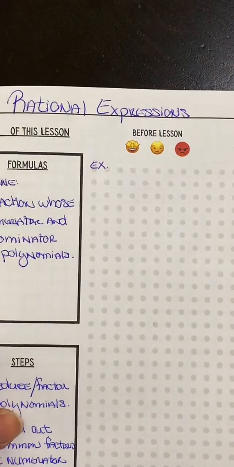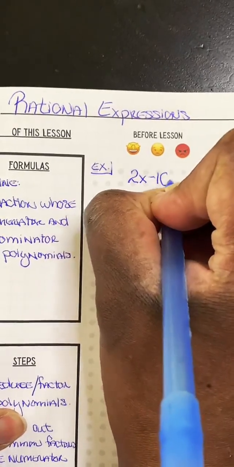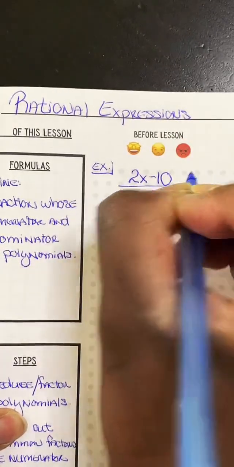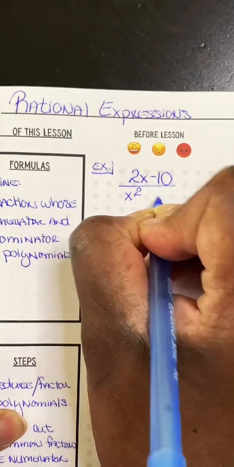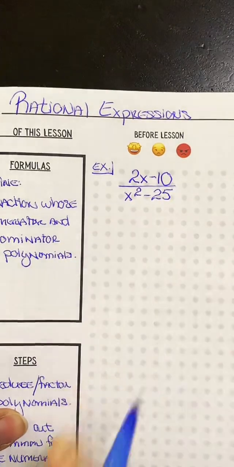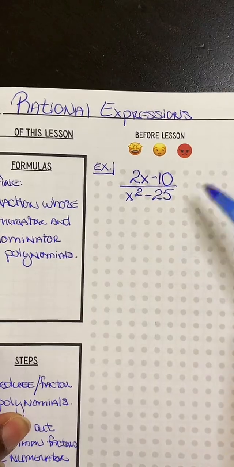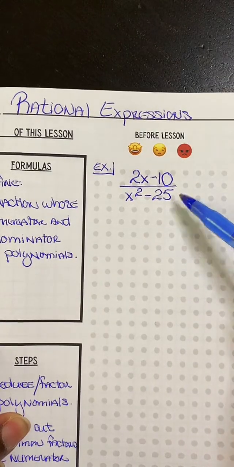So we're going to say 2x minus 10 over x squared minus 25. Okay, so we have two polynomials.